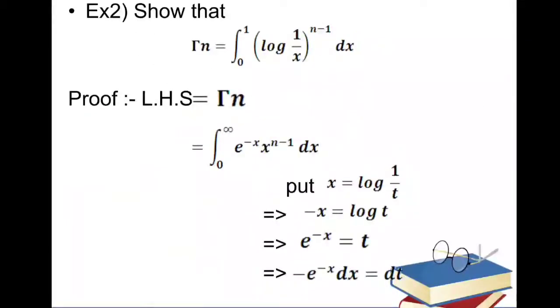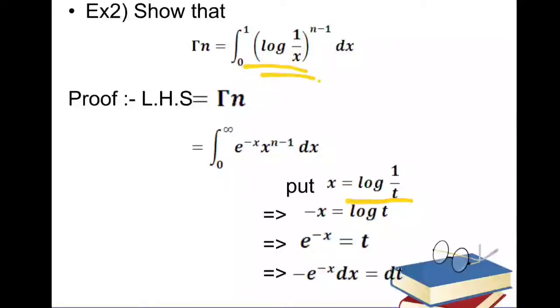Next, this type of example we have already discussed, and I have told you the hint, that is if any integration contains log, then that log term we have to consider as x, so that after taking antilog we get e raised to the power minus x. This method we use when we are taking the right hand side, that is integral 0 to 1 log of 1 by x whole raised to the power n minus 1 dx.